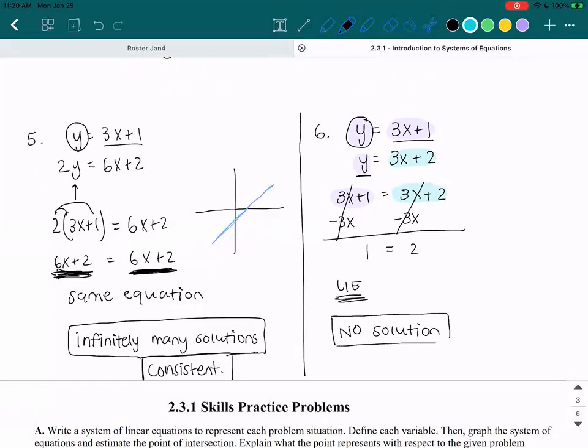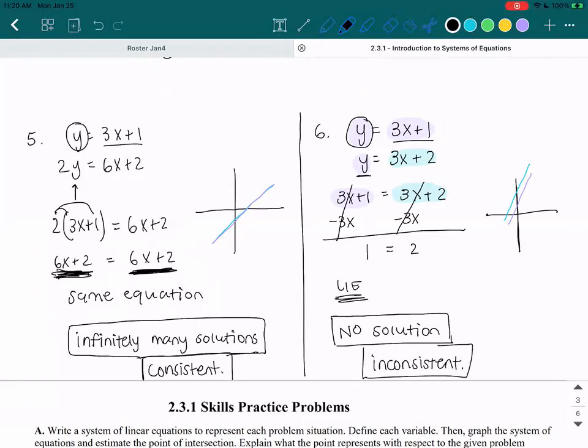And whenever it says no solution, this would be inconsistent. Now, if you were to graph this, they would be parallel lines. Okay, they will never touch, so they are never going to have an intersection point. So there's no solution, so this is inconsistent.